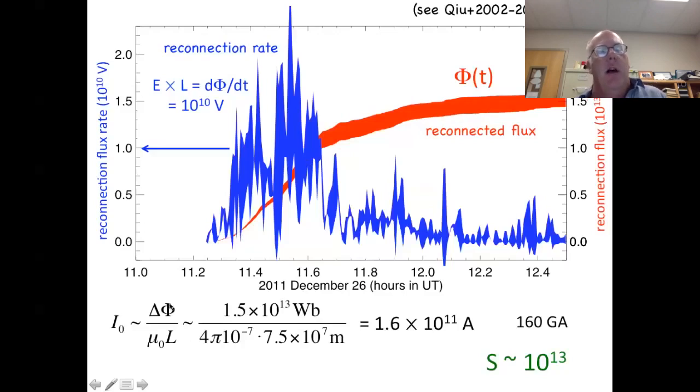So we know delta phi, we know the amount of flux that has been transferred through this ribbon or through this current sheet. And essentially that's the amount of flux that is going to change when I take the current to 0.